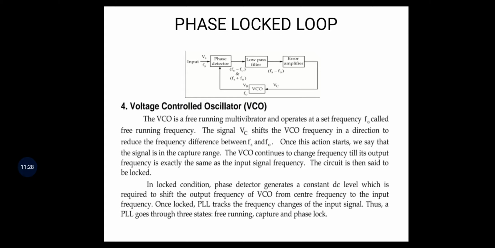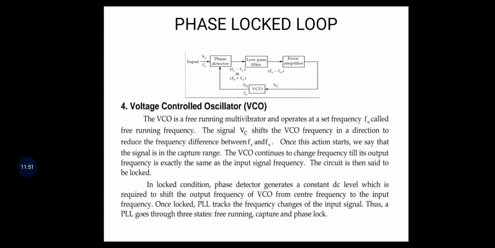In the locked condition, the phase detector generates a constant DC level which is required to shift the output frequency of the voltage controlled oscillator from the center frequency to the input frequency.